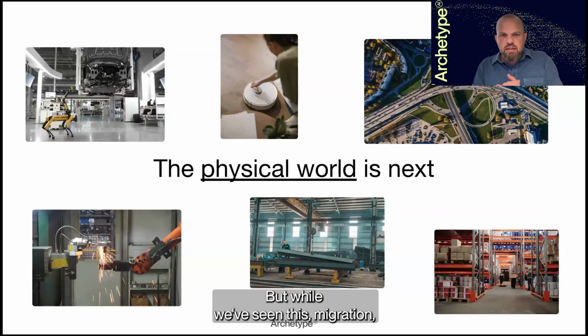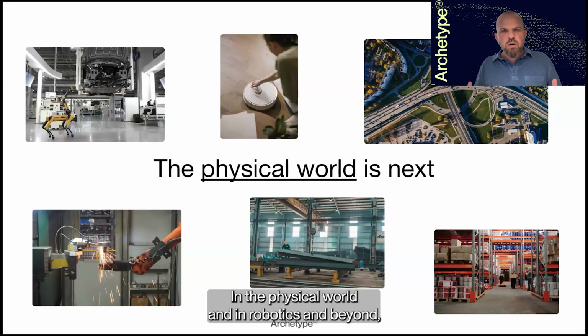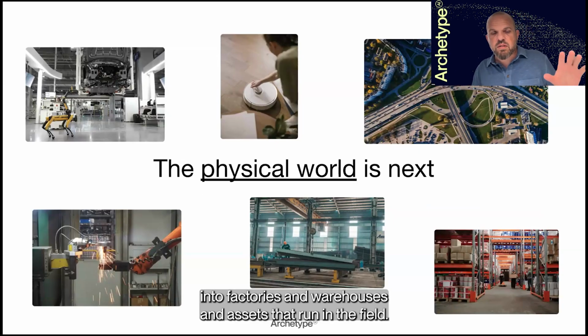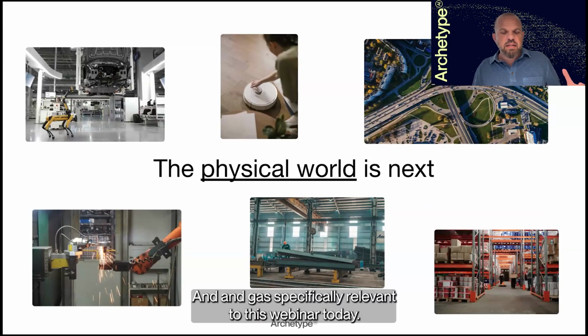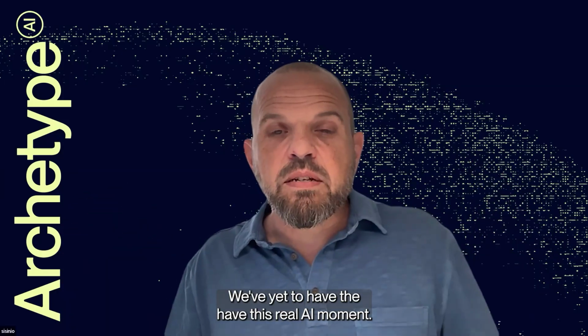But while we've seen this AI transformation in the text world, in the physical world, and in robotics and beyond, into factories and warehouses and assets that run in the field, and oil and gas specifically relevant to this webinar today, we've yet to have this real AI moment.